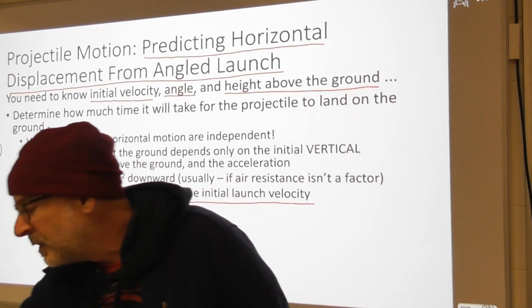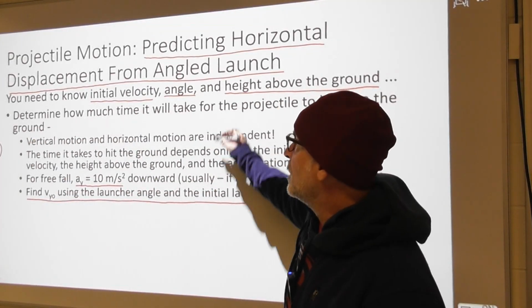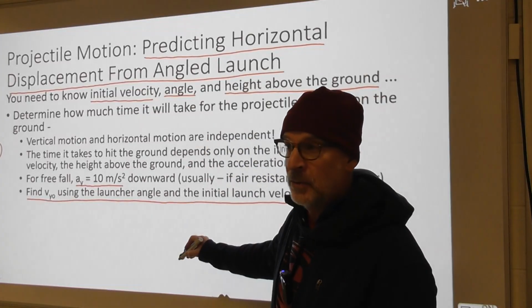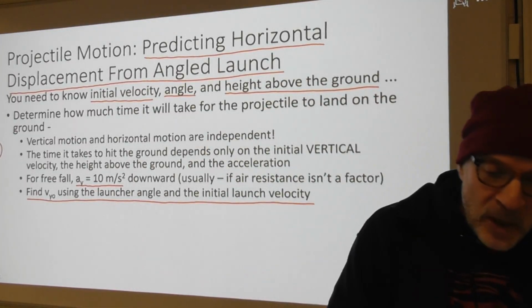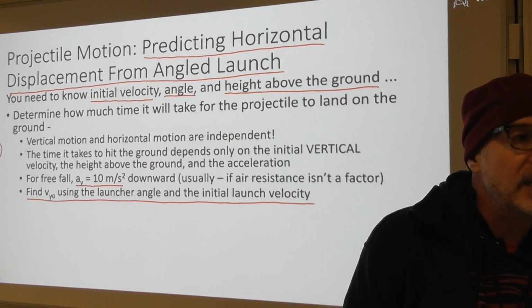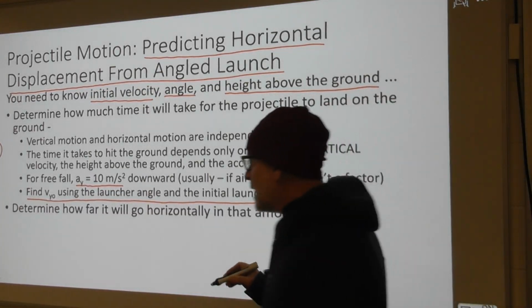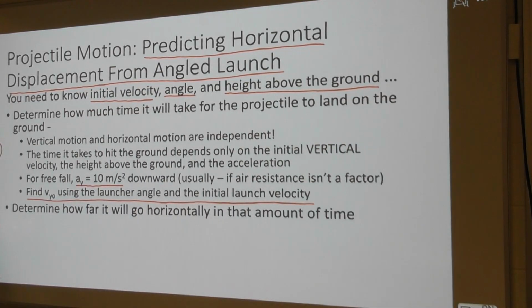And with this information, we can find the time it'll take to hit the ground using kinematics. Once we know how long it's in the air, then we do the second part, which is to figure out how far it goes left or right during that time. Its motion isn't really in two parts.